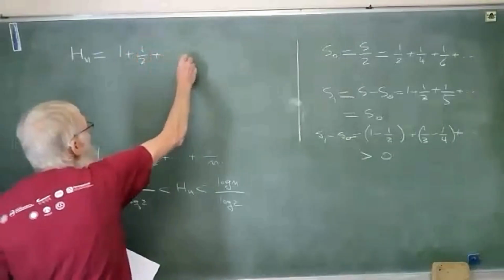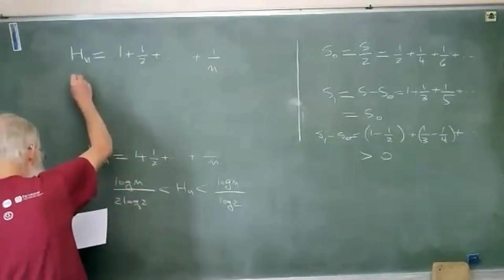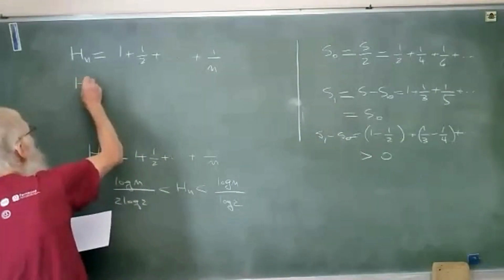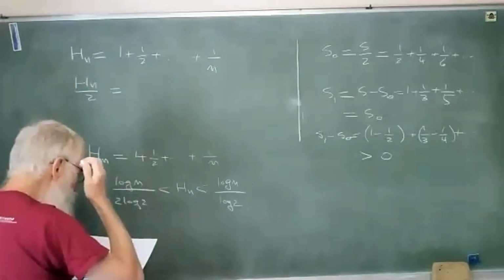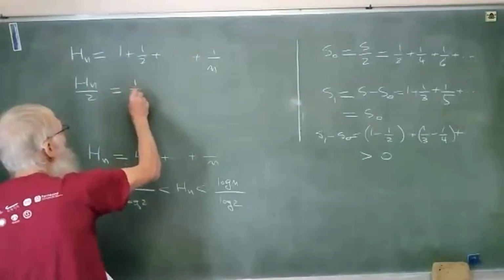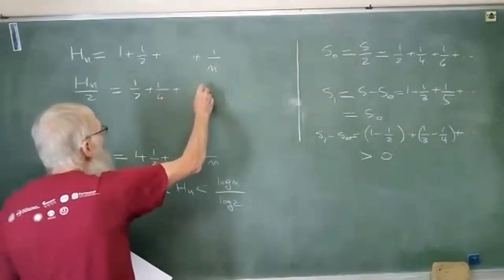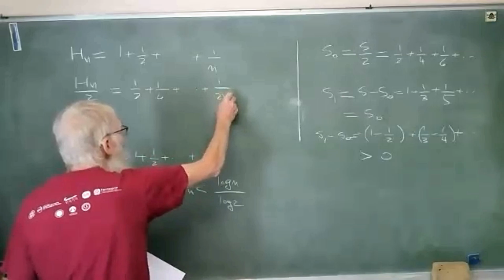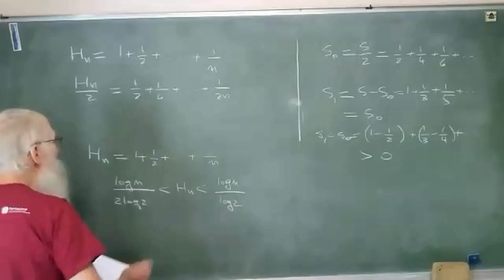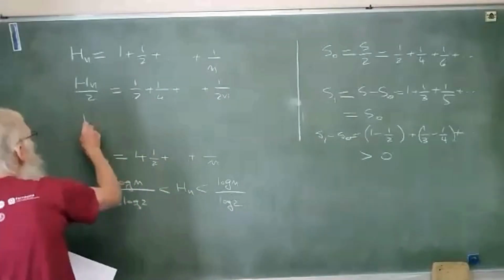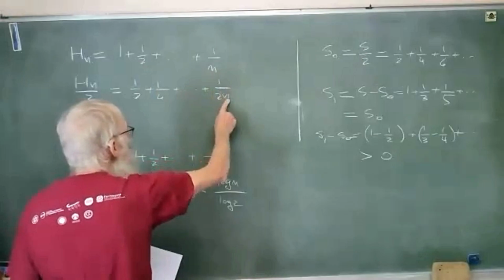It starts a little bit like the one which is there, but you take Hn over 2. So it's Hn that you divide by 2. So you have 1/2 plus 1 over 4 plus 1 over 2n. And if you take the difference between H2n, you see this goes to 2n and this one to 2n.